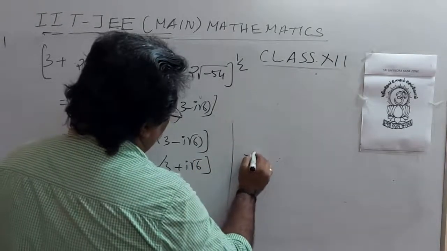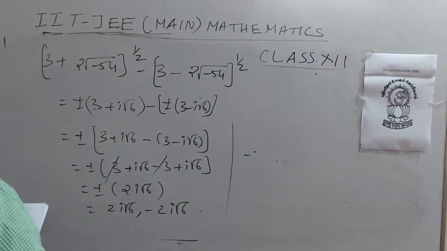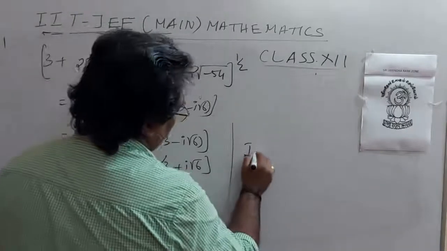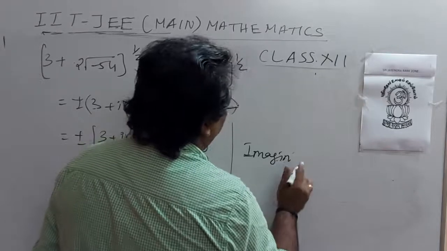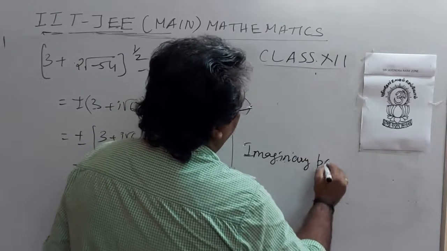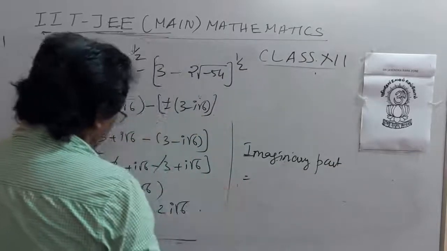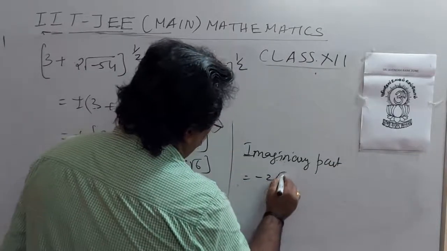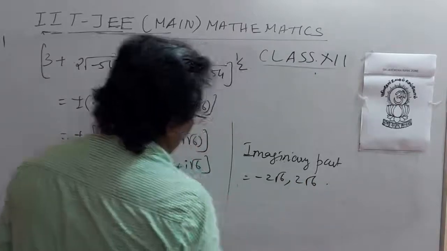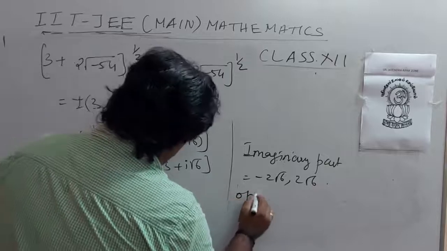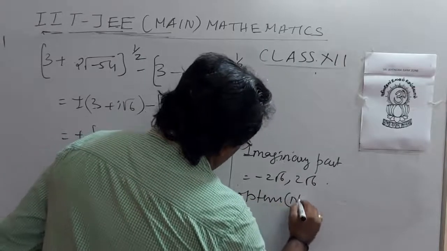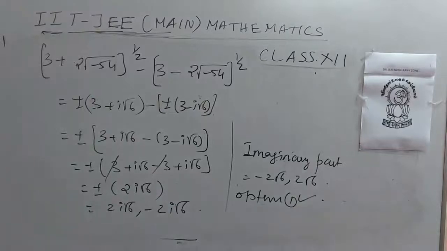So the imaginary part is equal to minus 2 root 6 plus 2 root 6. So option 1 is correct.